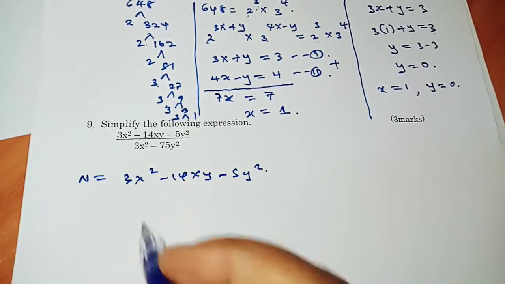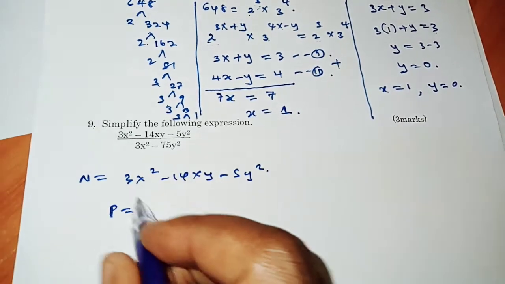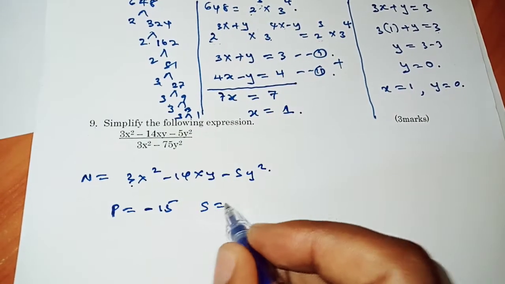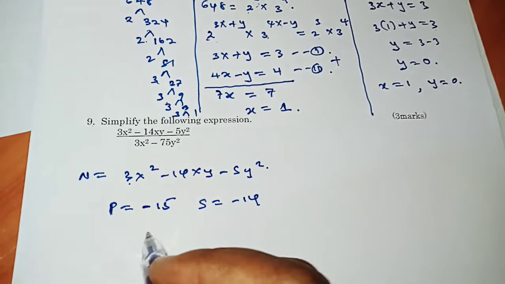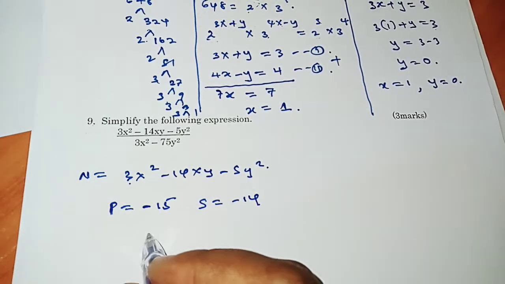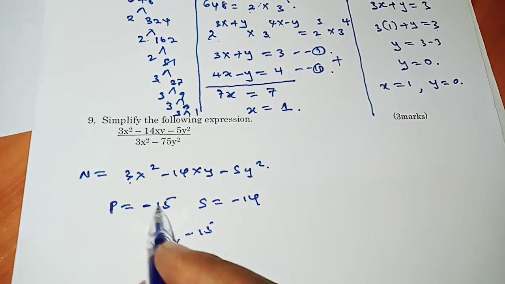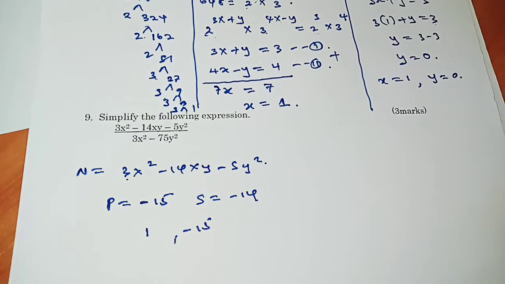Okay, so we need to look at those factors which will give us a product of this and this, which is minus 15, and sum equal to minus 14. So if you do your maths, you are going to get that those numbers are 1 and minus 15. So that when you multiply these, they give you minus 15. When you add them, you get minus 14.